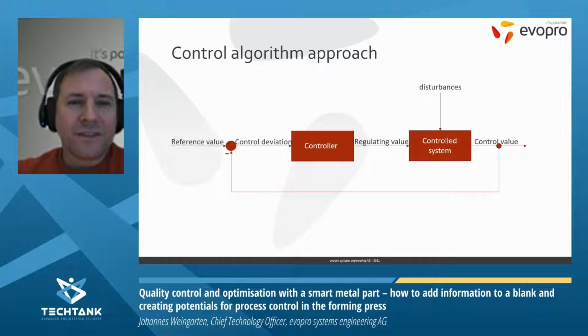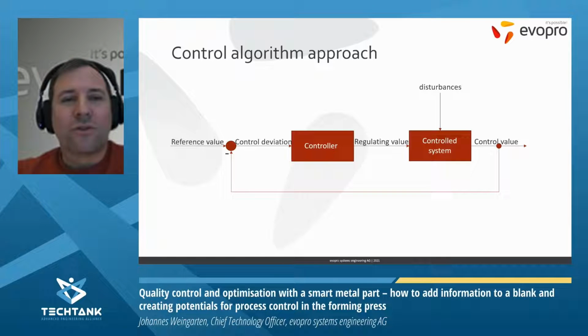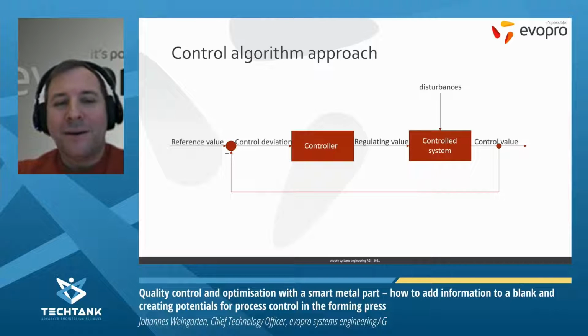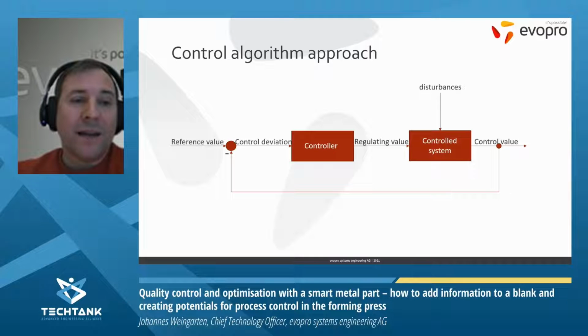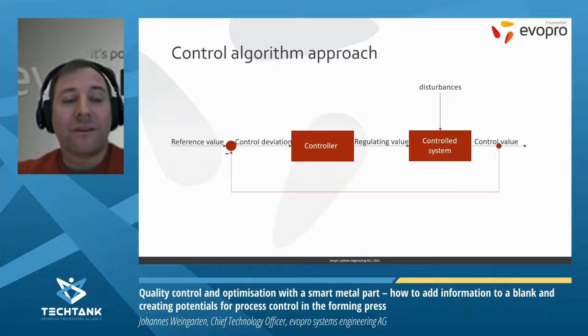I want to first talk about the control algorithm approach. I think this is quite familiar to everybody: a typical control loop. You have the controller, you have the regulating value, which then influences the control system. Then you have the output, the control value itself. You have a loop back, and then you have the reference value, so the requirement that is coming in.